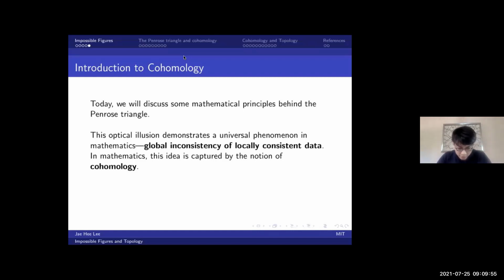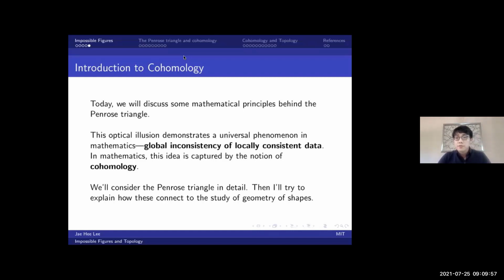So the main example for today, at least for the first part of the talk, is going to be this Penrose triangle. It's going to be an example of something called non-zero cohomology.